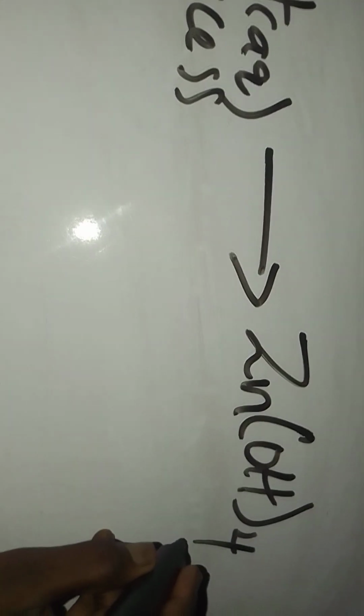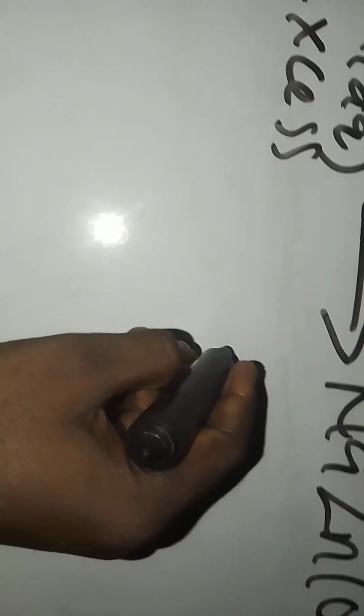Then you now have Na2Zn(OH)4. The name of this is aqueous. It can dissolve in water. It's a soluble substance. It's a colorless solution.